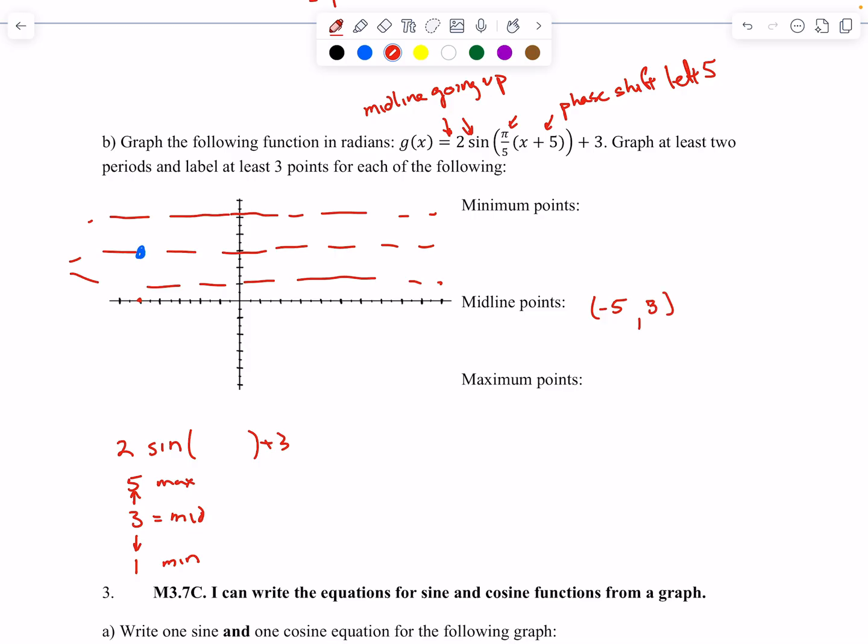Okay, so you need the period to get other points easily. So let's just say B is, remember, the number in front of the extra parentheses.